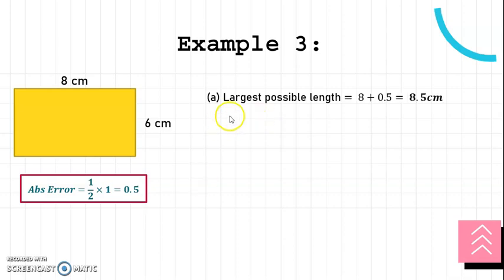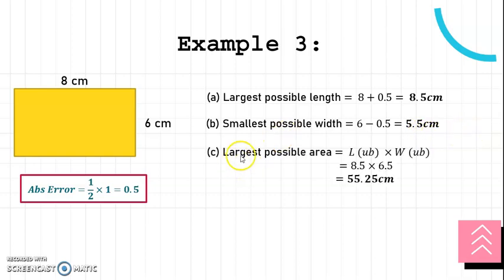Next, the first question, largest possible length: 8 plus 0.5 is equal to 8.5 centimeters. Largest possible length also means upper bound. The smallest possible width means the lower bound of the width, which will be 6 subtract 0.5, so you get 5.5 centimeters.